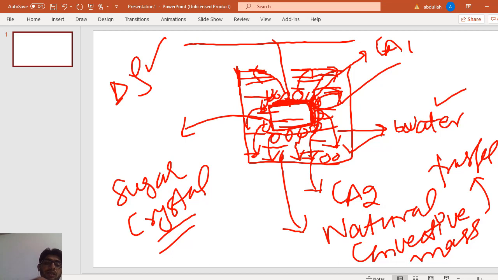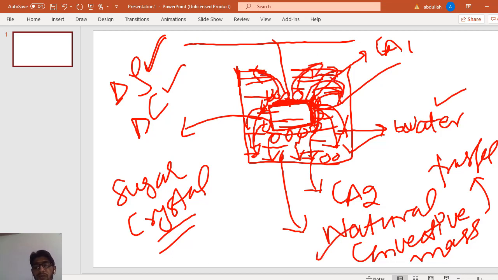In the case of mass transfer, the change in concentration is the driving force for the transport of solute molecules in the solvent, and it is called natural convective mass transfer.